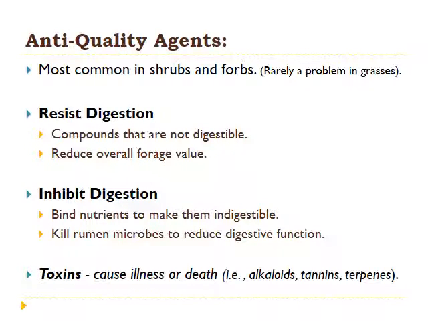We'll talk a lot about anti-quality factors in the next lecture, but I want to just open the point here. Most important point is that anti-quality factors are most common in forbs and shrubs. They're usually not abundant in grasses, and that's because forbs and shrubs defend themselves from herbivory with secondary compounds. So they have a lot of these agents that are designed to help them against herbivores, including insects and the environment that might affect them, versus grasses that use a strategy that is more of tolerance.